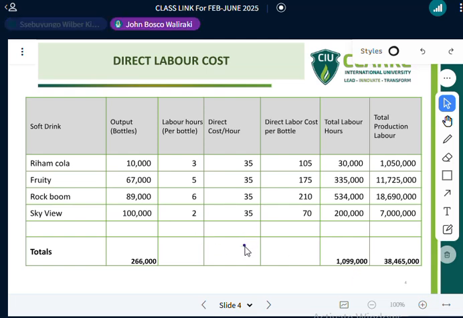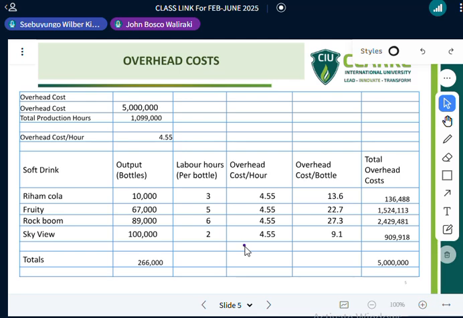Now, we have been given overhead costs. The overhead cost for the period is 5 million, and then the total production hours are those 1,099,000 hours. So we want to know how much was the overhead cost in a single hour.